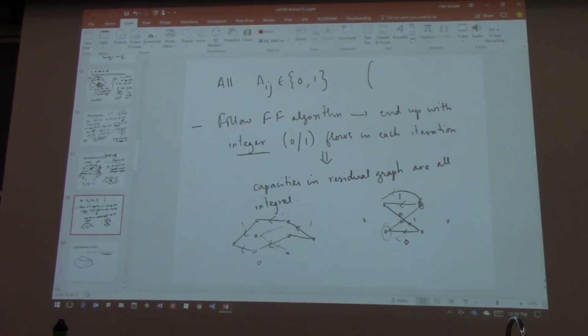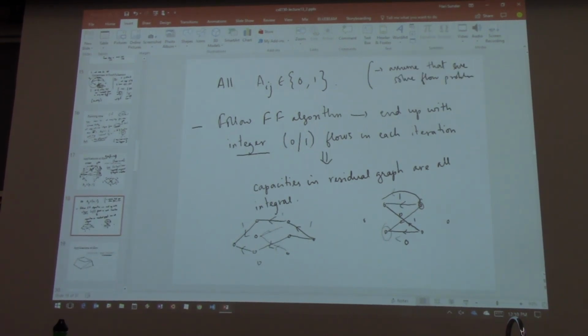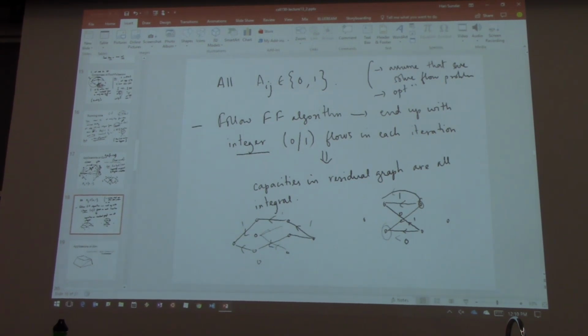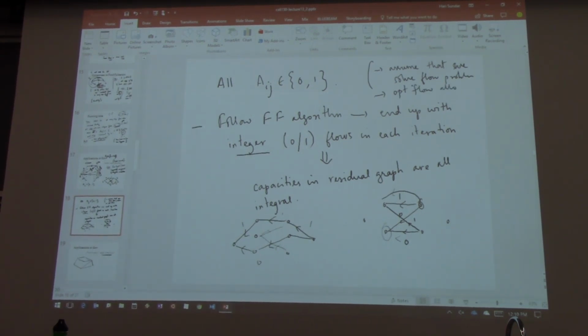So when we reduce something to flow, you always assume that you solve the flow problem, and the optimal flow allows us to read off the desired solution to the desired problem.